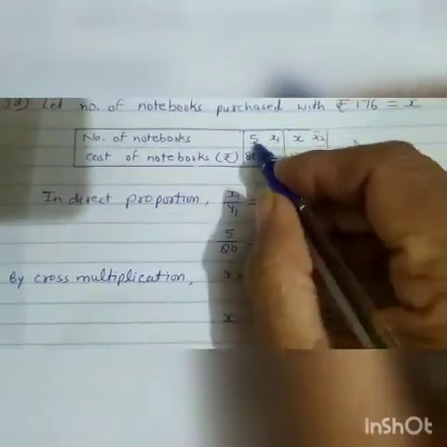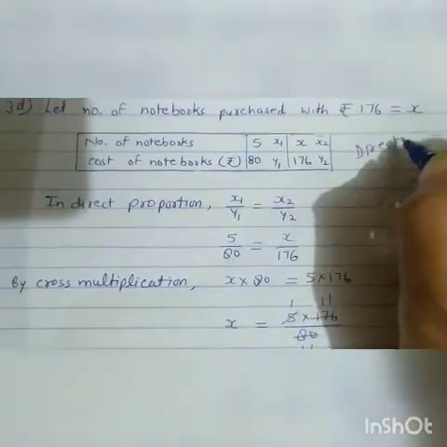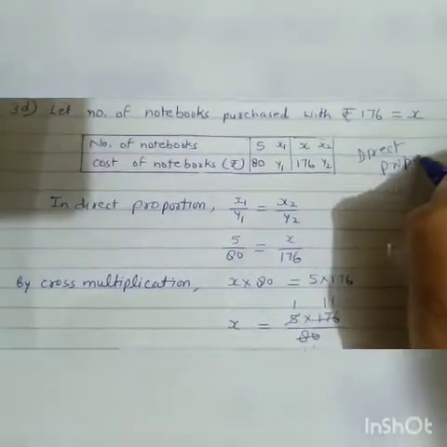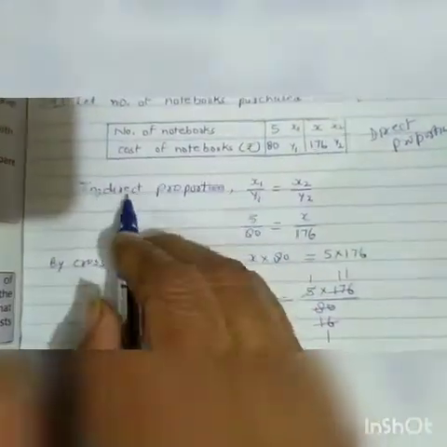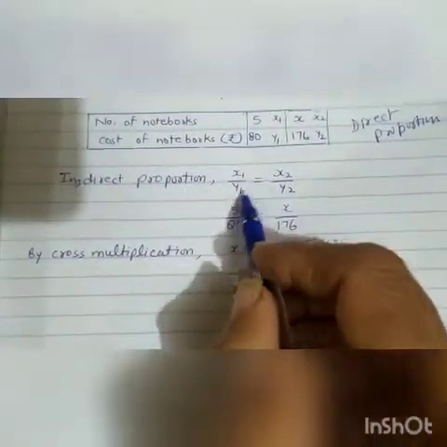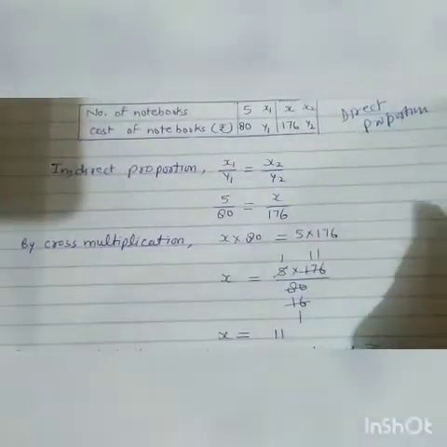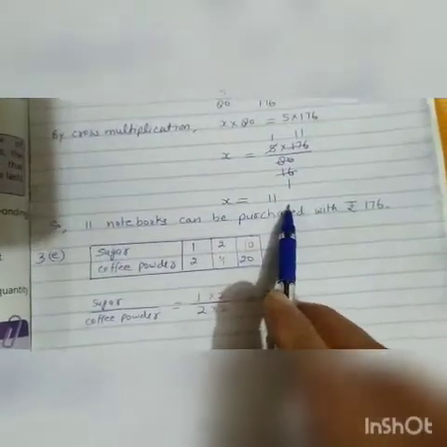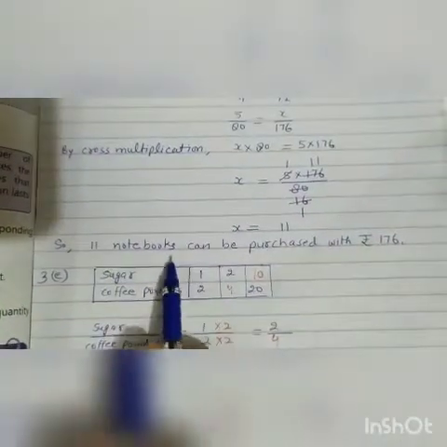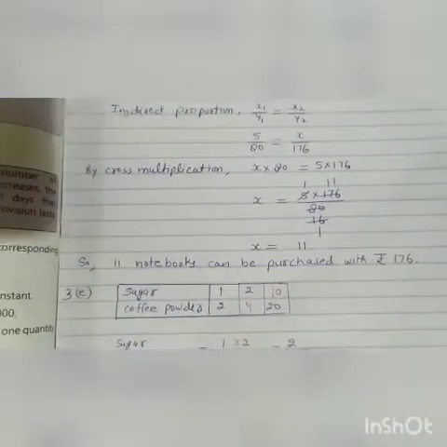Both the quantities are increasing. It is a direct proportion. In direct proportion, x1 upon y1 is equal to x2 upon y2. Again put the values and simplify it. We will get x is equal to 11. 11 notebooks can be purchased with rupees 176.